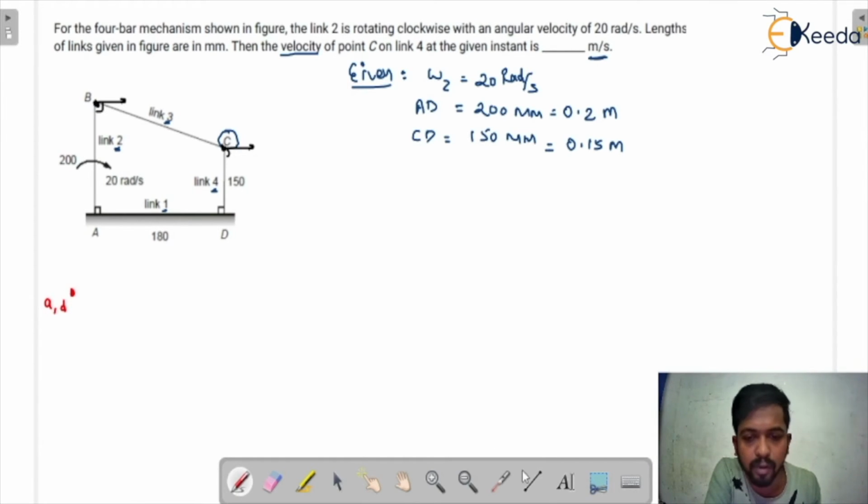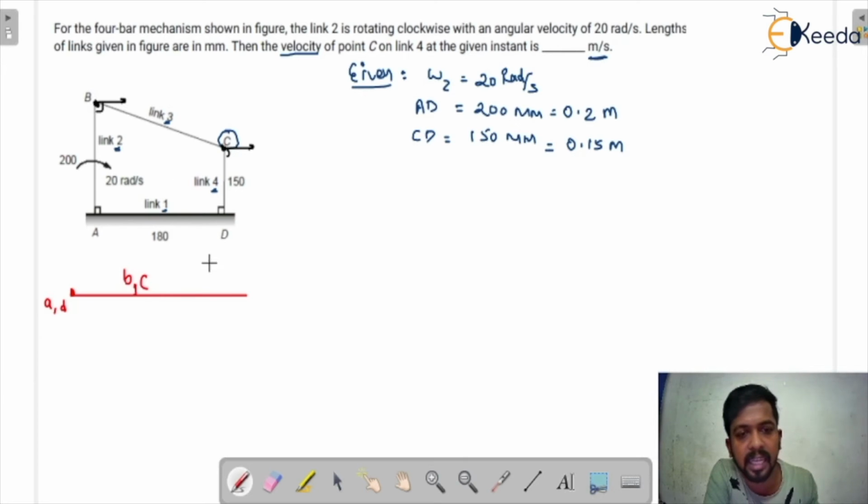So that would be a straight line, B and C, and there is another link, link 3, having its velocity in the direction perpendicular to the link, so that would be like that.